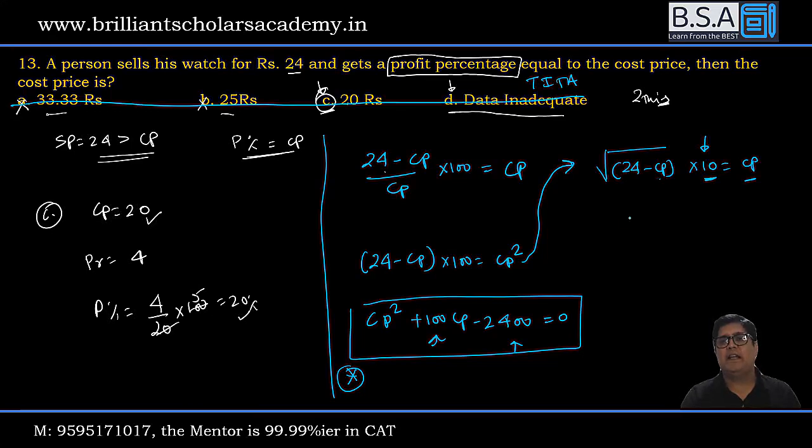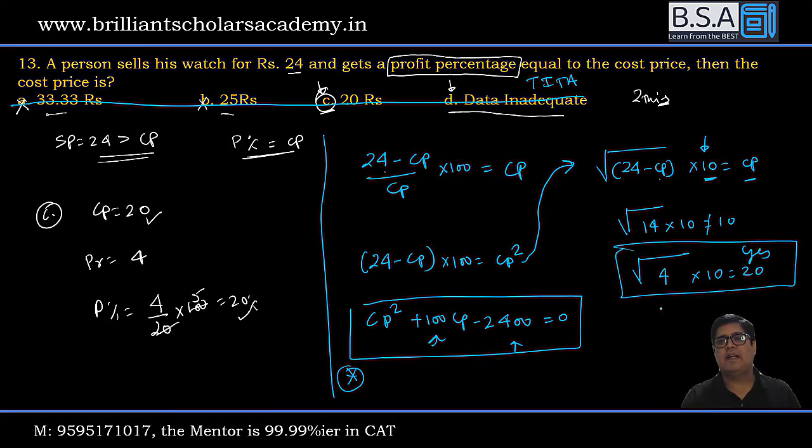If I put 10, 14 root over into 10, is that equal to CP 10? No. If I put 20 in this, 4 into 10, is that equal to 20? Yes, it is. So from here you could get cost price as 20.